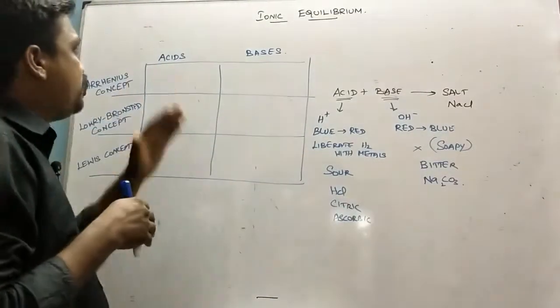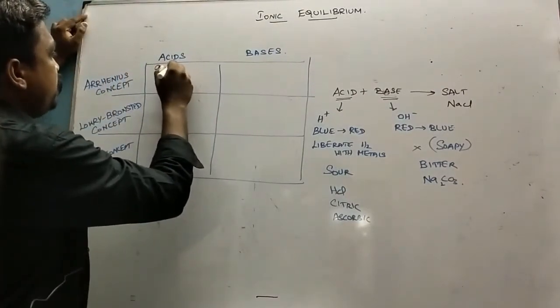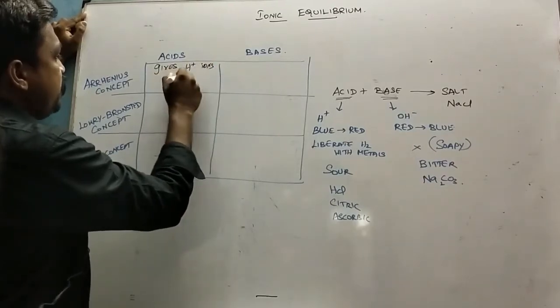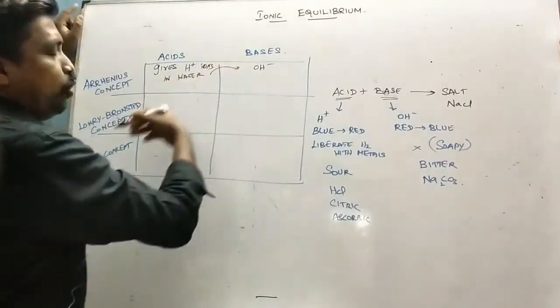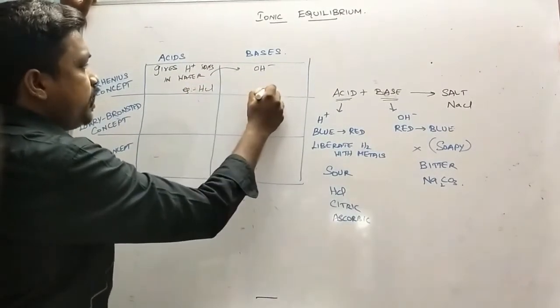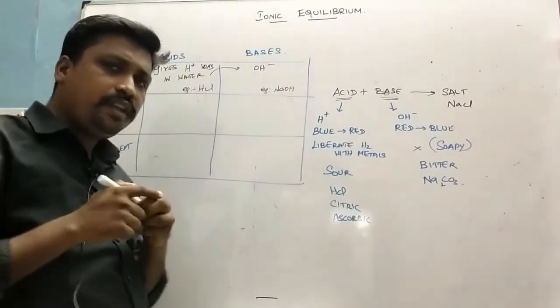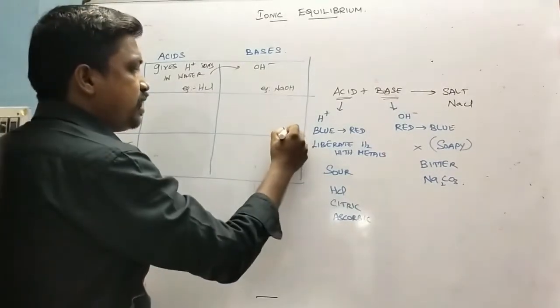Generally, acids are substances which give H+ ions in water, and bases are substances which give OH- ions in water. For example, hydrochloric acid and sodium hydroxide. We generally discuss in other lessons that ammonia is also a base.